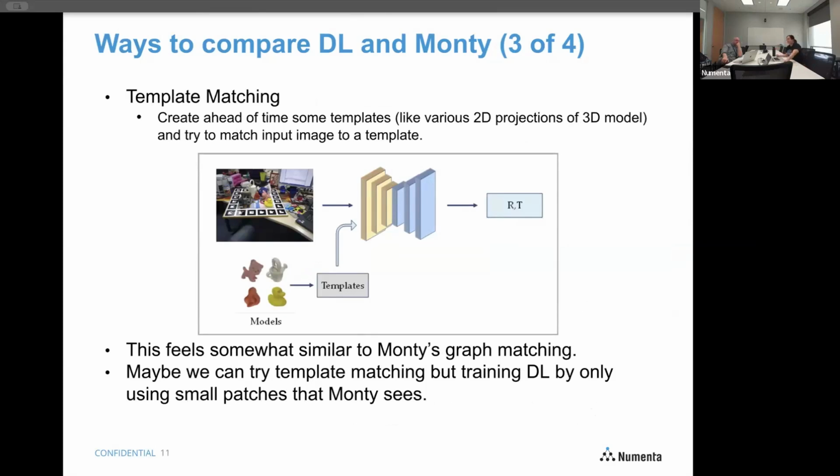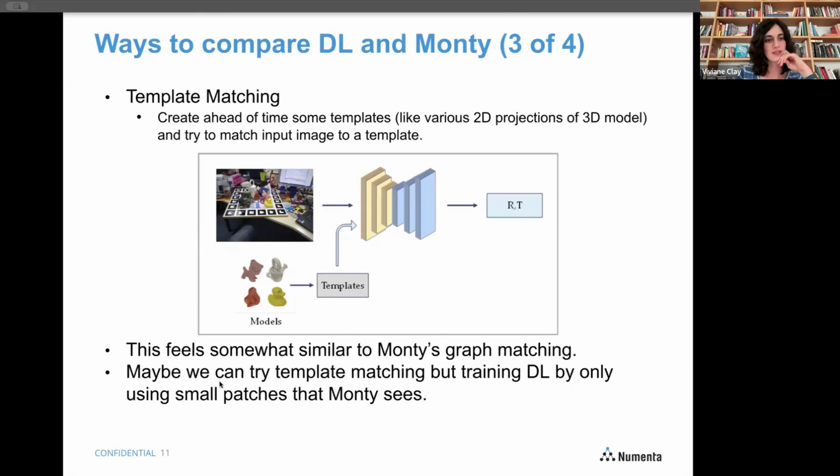So if I had an object, I can take a bunch of pictures at different angles or poses or projections, and then compare the images. Once there's a good match, you would know from which image it matched what the pose of that object was. So I thought this felt like graph matching.